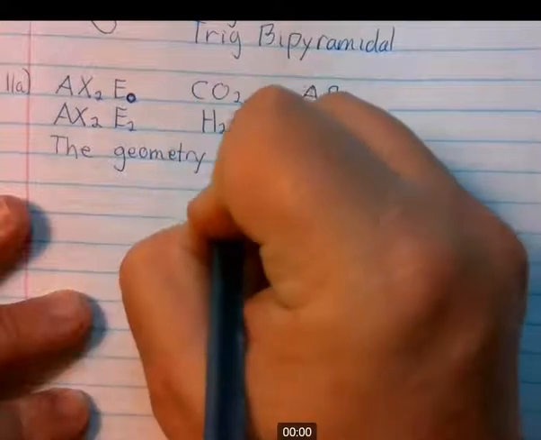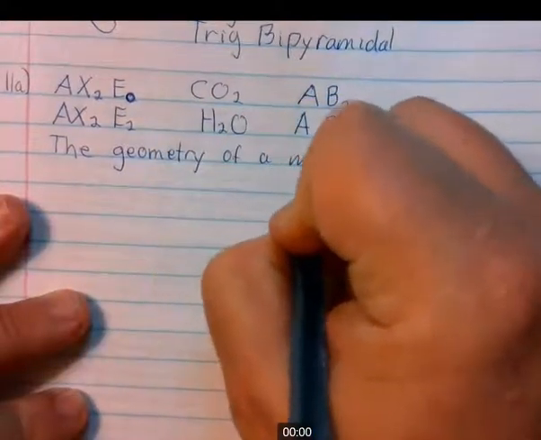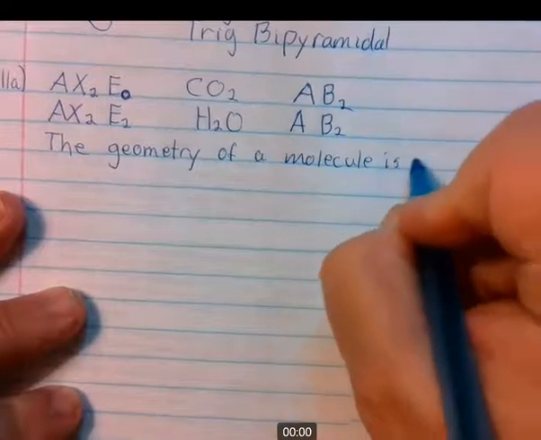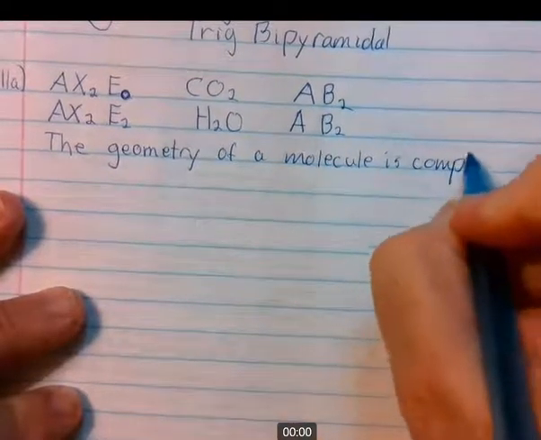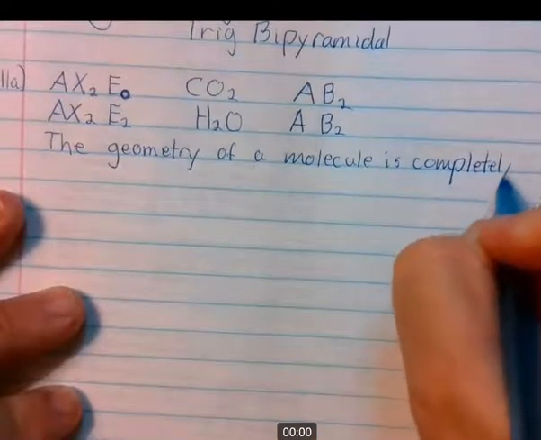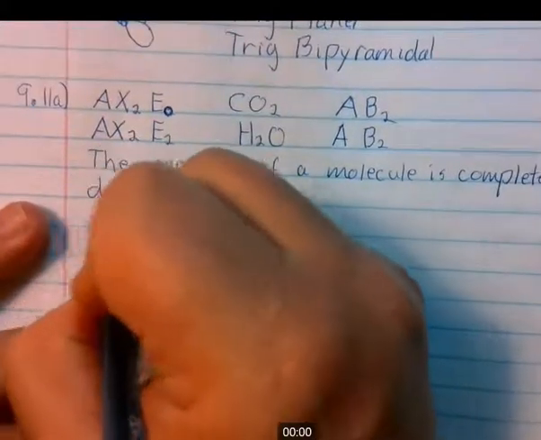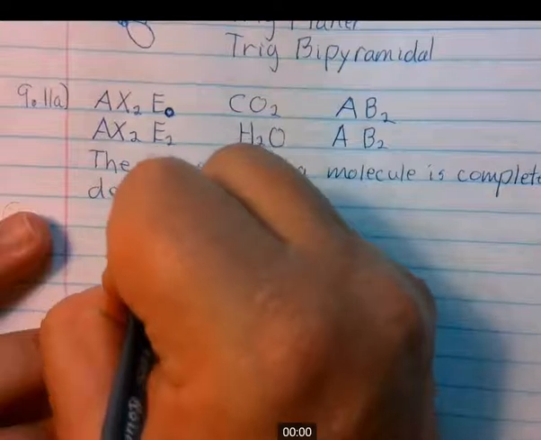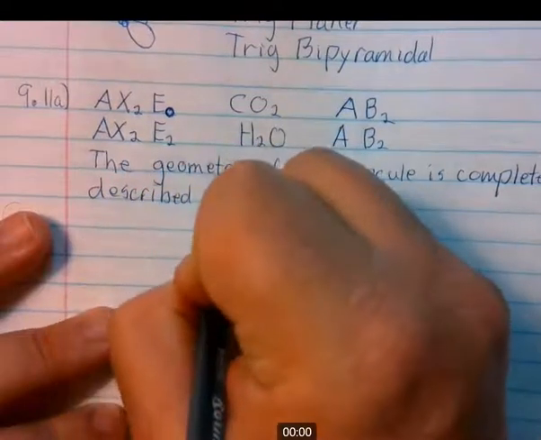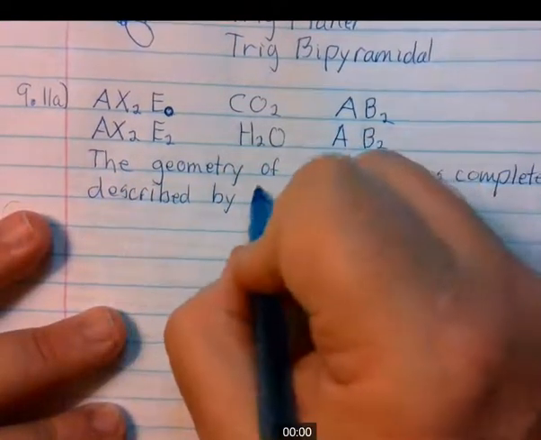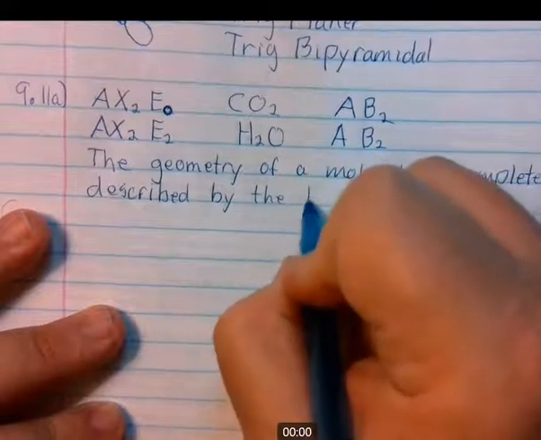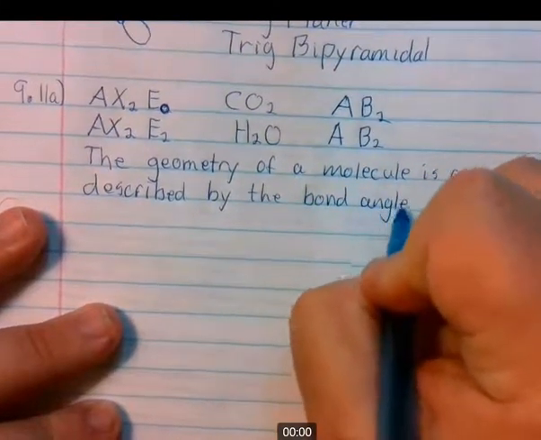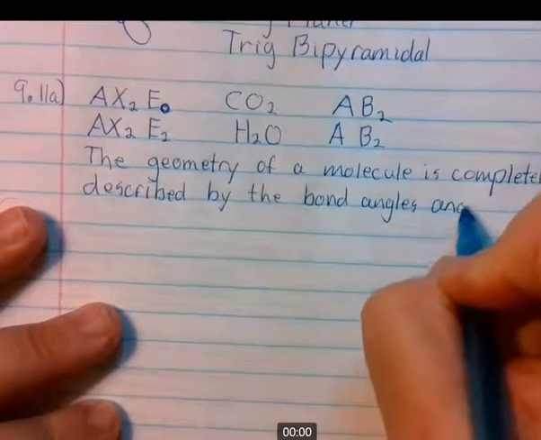The geometry of a molecule is completely described by the bond angles and bond lengths.